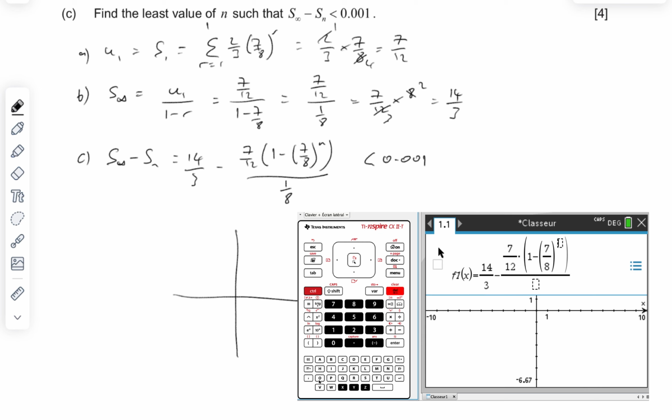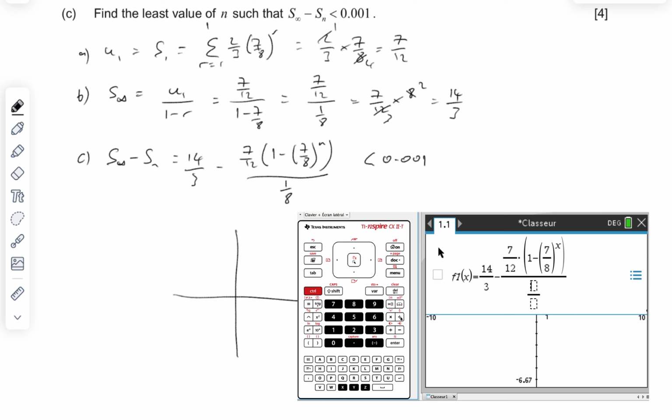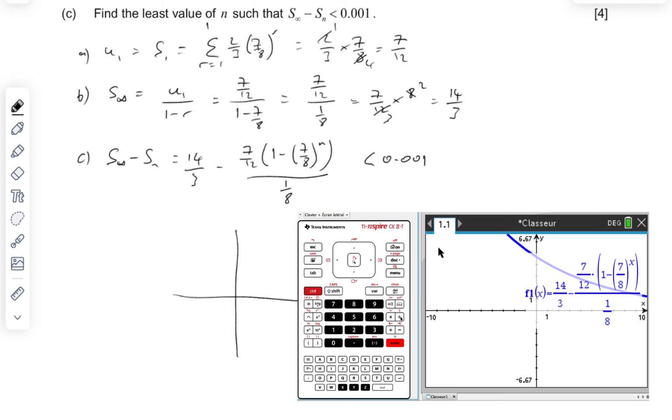Oh, caps lock on, x. Then come down to the denominator and divide that by 1 subtract 7/8, which is 1/8, so a fraction there, 1/8. And there's my graph.